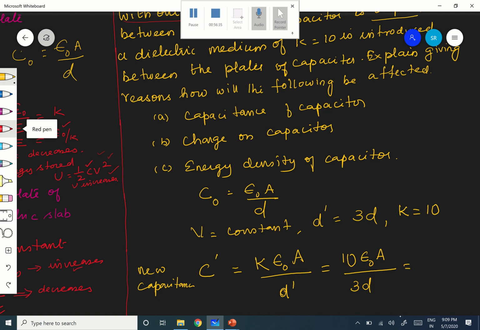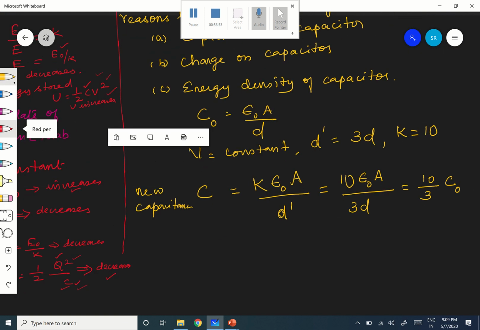Therefore you can say it is 10 by 3 C naught. Hope you are following. Therefore, capacitance becomes 10 by 3 times the initial capacitance.